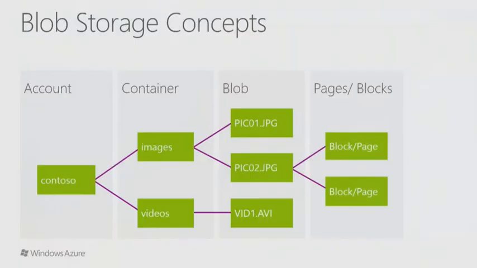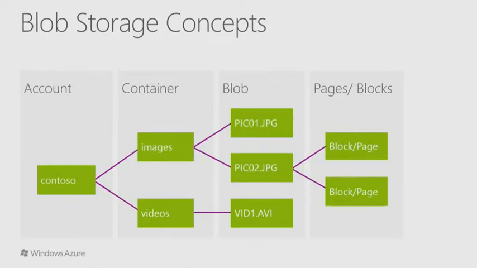So, starting with blob storage, there are a number of different concepts we need to understand, right? First off, there's a storage account. That's associated with my account. Very simple. The next thing we've got is a container. So I'm going to create a container to hold those things. Again, fairly similar to what we know as folders. Under that, there are individual blobs. So I can create, upload each of the pictures of my kids, right?